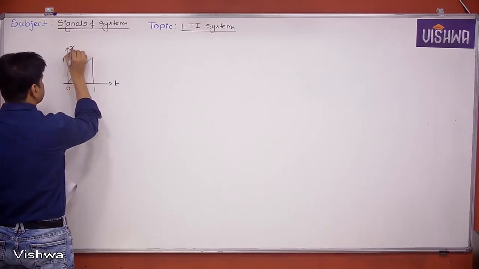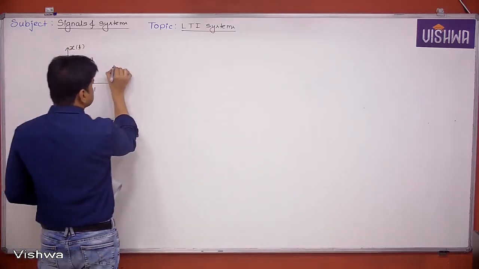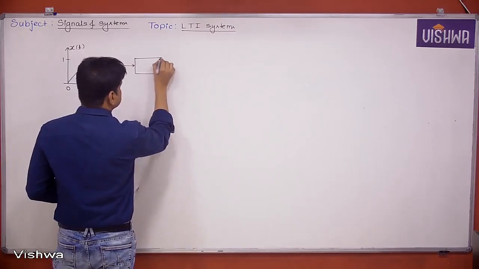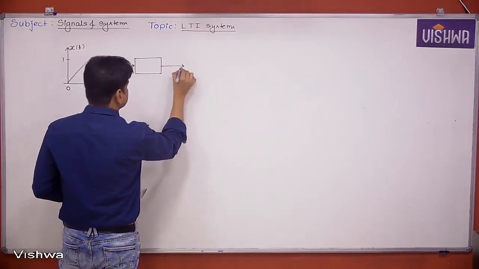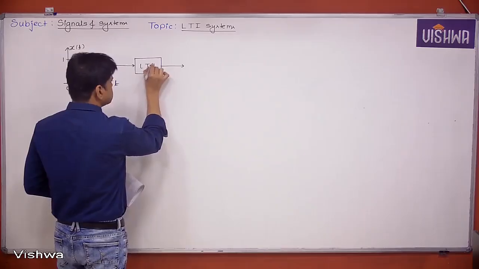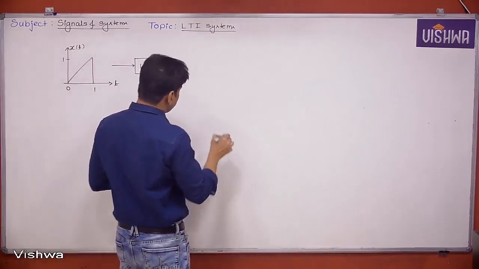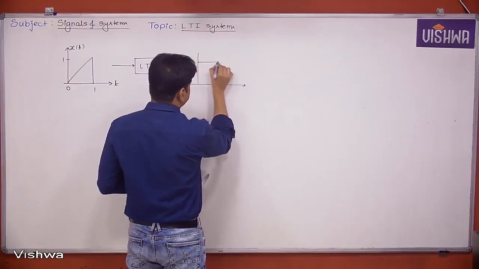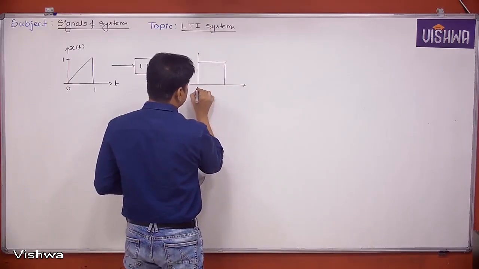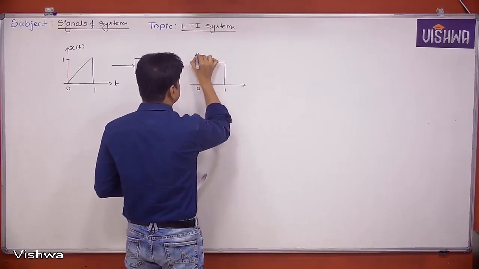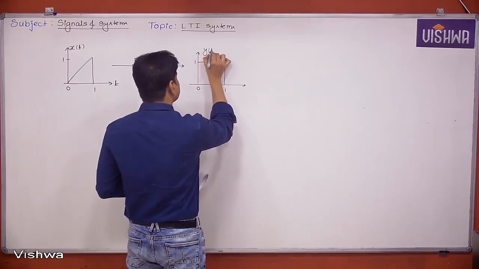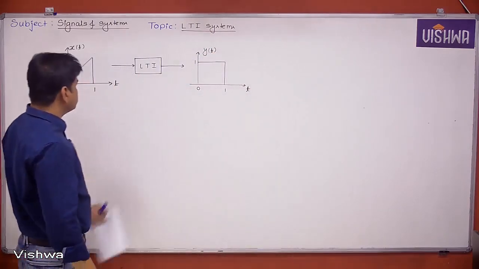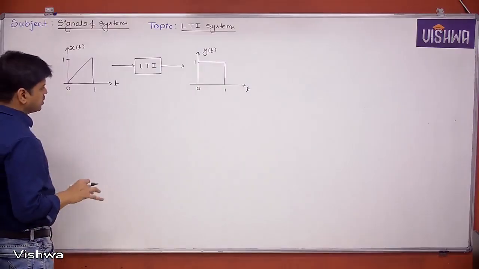So this is x of t, which is given as input for an LTI system. Then the output given is zero, 1, 1, y of t. So they have given the input waveform and output waveform for an LTI system.